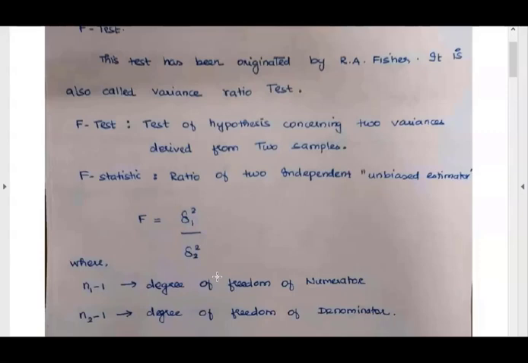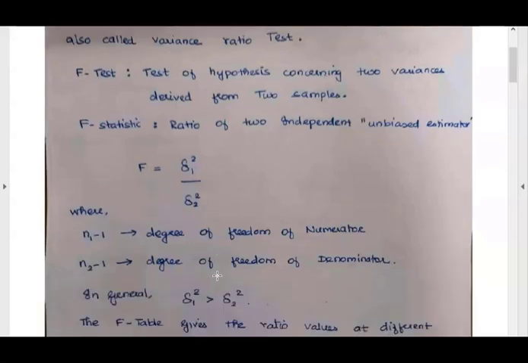The formula is defined as F equals delta 1 square by delta 2 square, where n1 minus 1 is the degree of freedom of the numerator, and n2 minus 1 is the degree of freedom of the denominator.